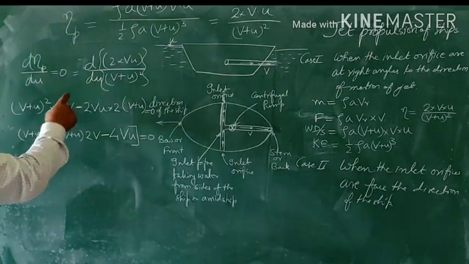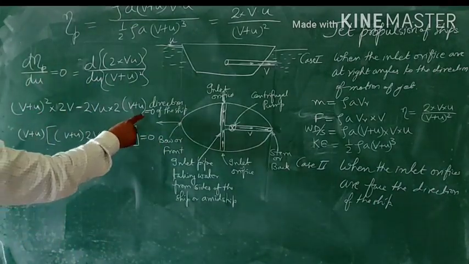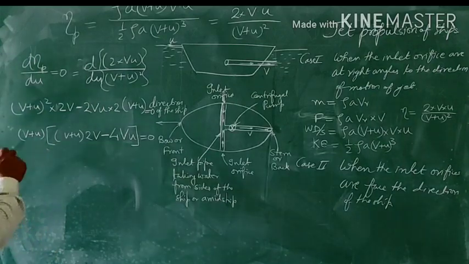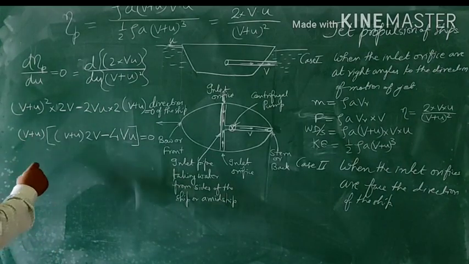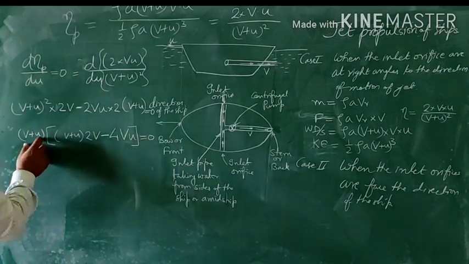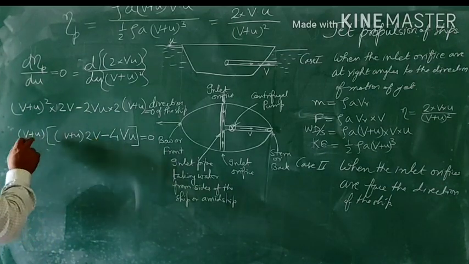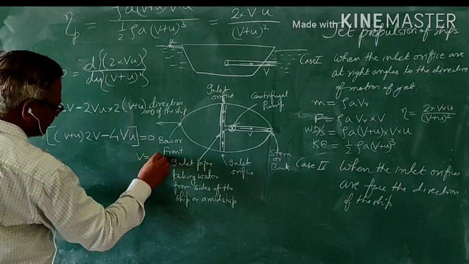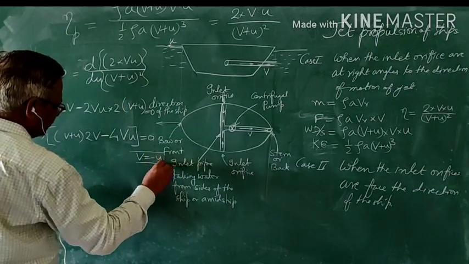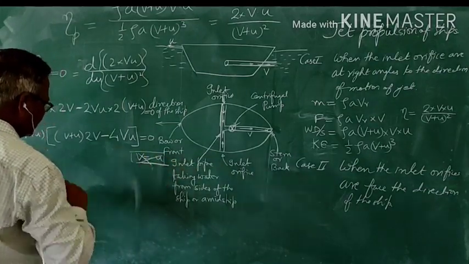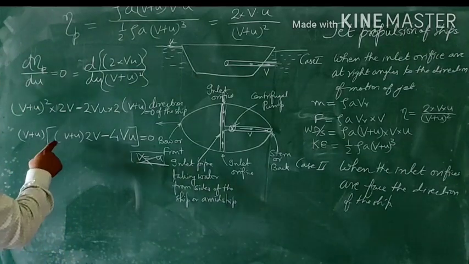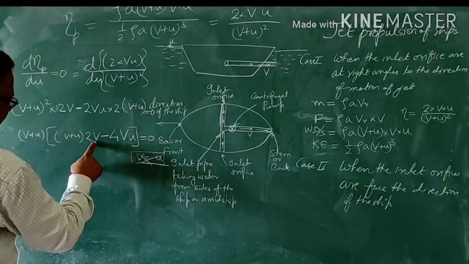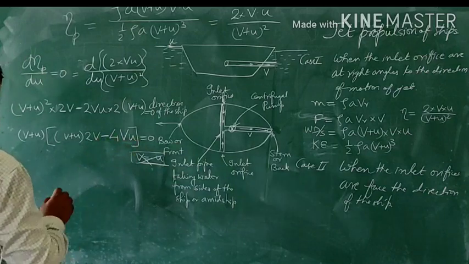So either V plus U should be 0 or the other factor should be 0. If V plus U is 0, then V would equal minus U, that is not possible. So this eliminates the choice. Then V plus U into 2V minus 4VU should be 0.